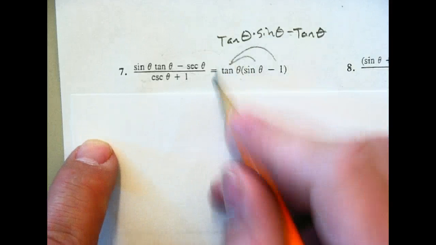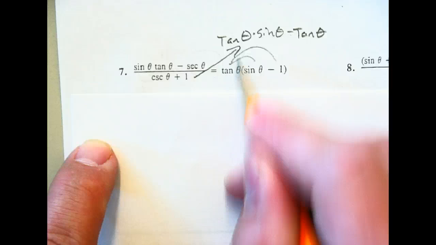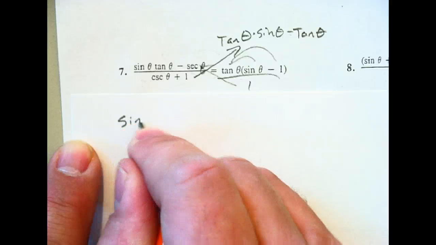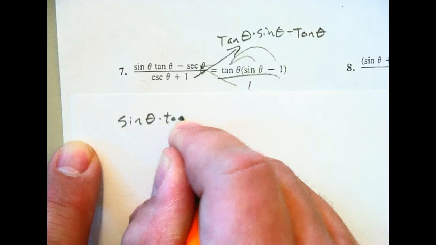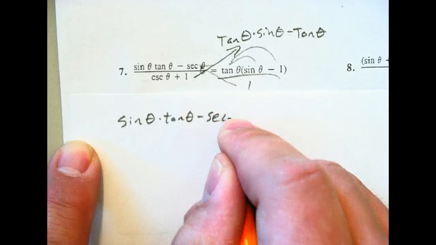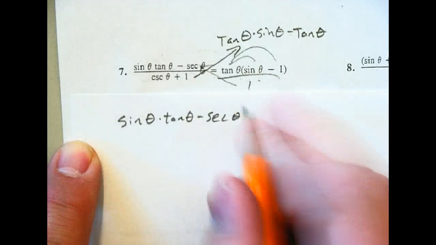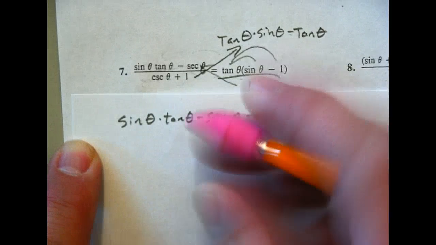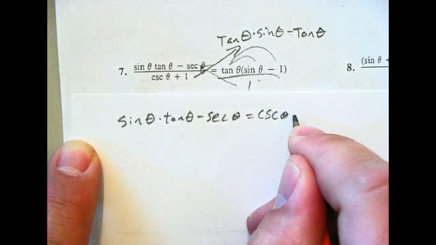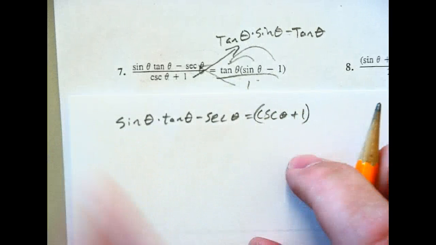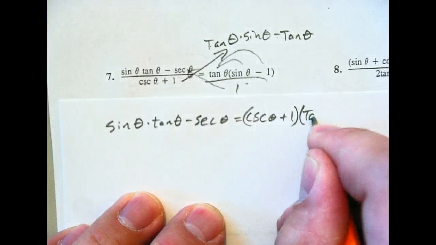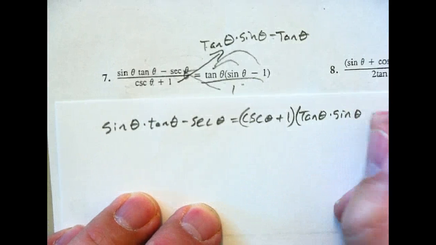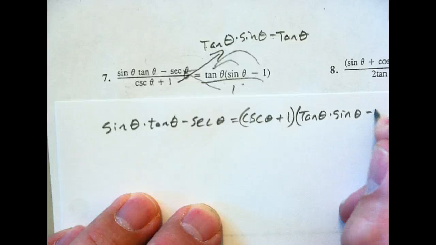So if I cross multiply now, this times that, and then 1 times that, that's going to give me sine theta times tan theta minus secant theta, all times 1, equals cosecant theta plus 1 times the quantity tan theta times sine theta minus tan theta.